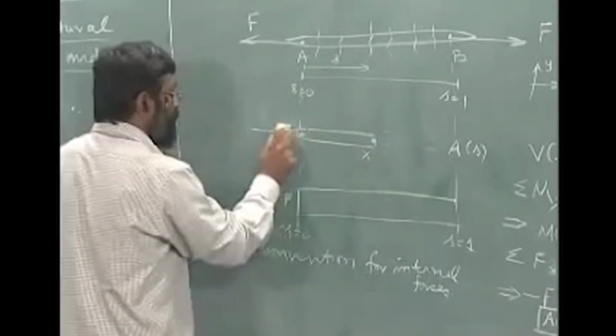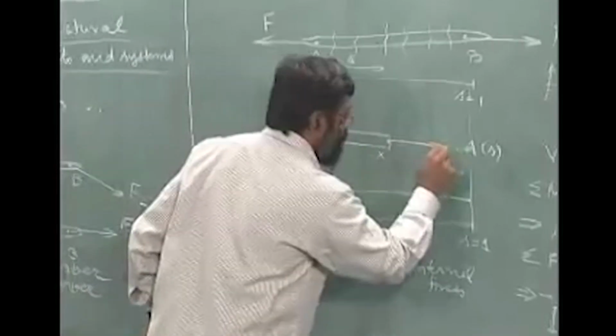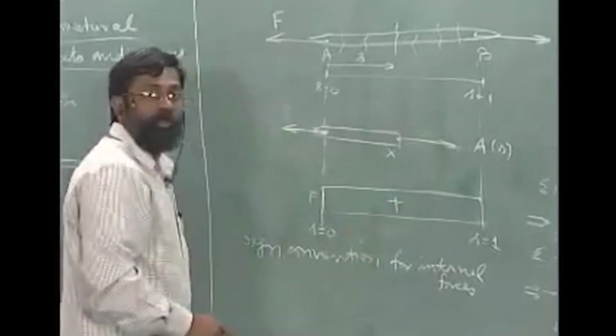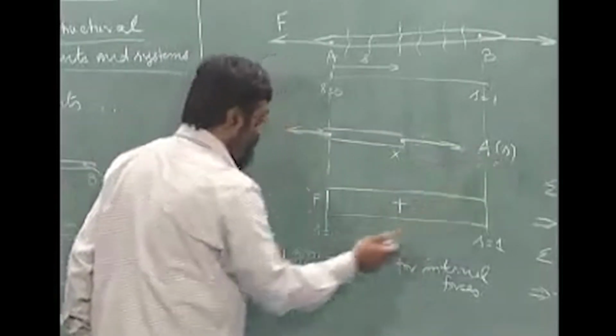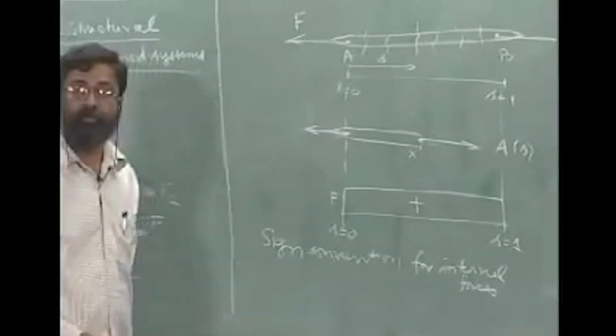So let me just revert back to the problem here, and therefore if this is the notion I will put a plus sign over here, and since I know AS is equal to F, it is a plus F all through, okay.